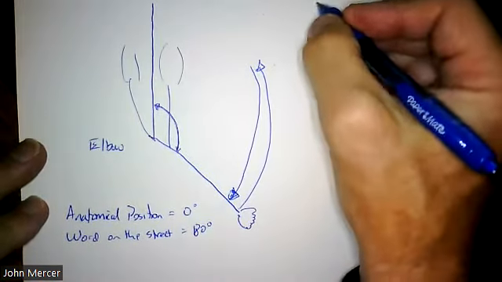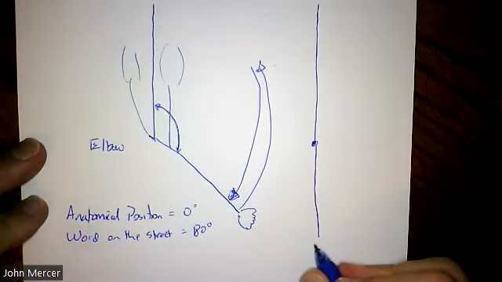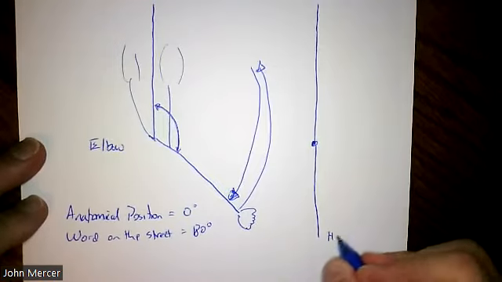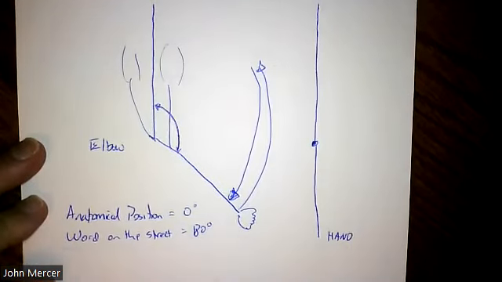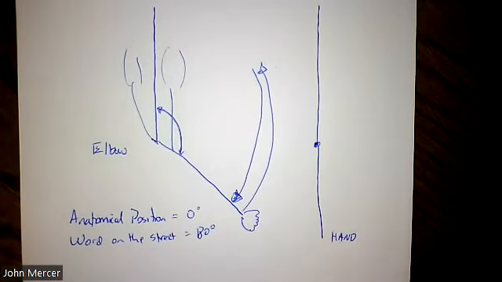So in essence, what we've got to decide is when the elbow is in this position here, again, this is the hand down here, is this 0 degrees or is this 180 degrees? They're obviously related to each other.